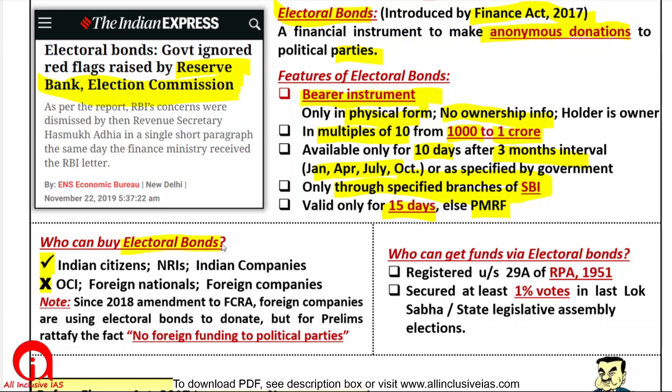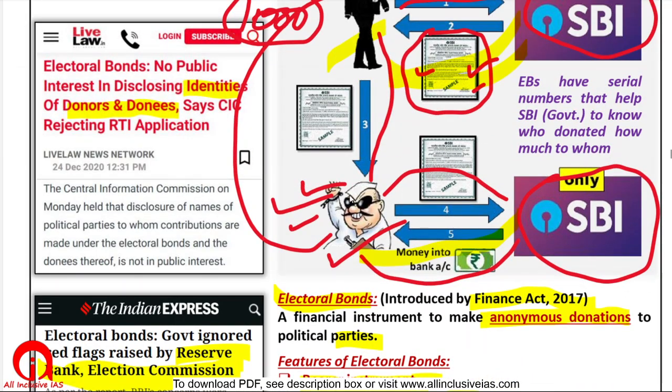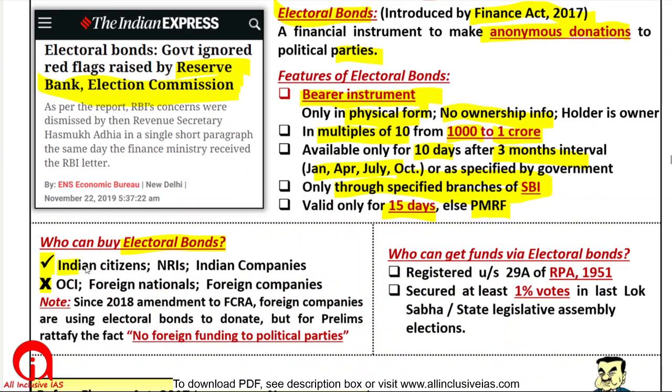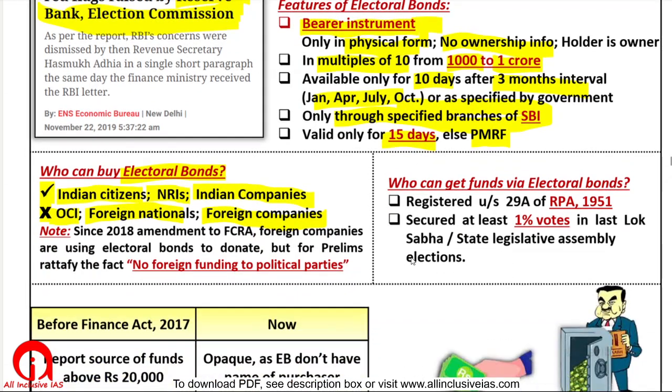Who can buy an electoral bond? I mean, who can be this Ambani? Any Indian citizen or NRI or Indian company, but not an overseas citizen of India or foreign national or foreign company. However, like I told you earlier, foreign companies are purchasing electoral bonds, not directly, but through their Indian subsidiaries.